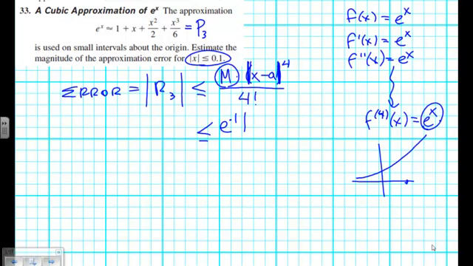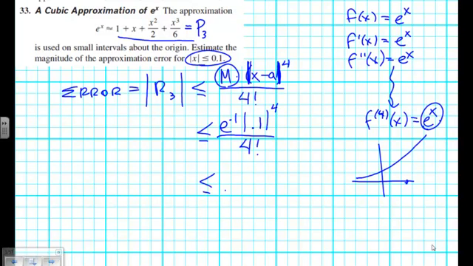What value are we going to choose for x and a? Well, we don't have a choice for a. It is 0 because this series is centered at 0. So we are going to use 0.1 to the fourth power divided by 4 factorial. We're going to say the error has to be less than 0.00111.